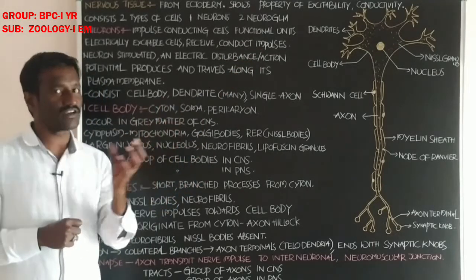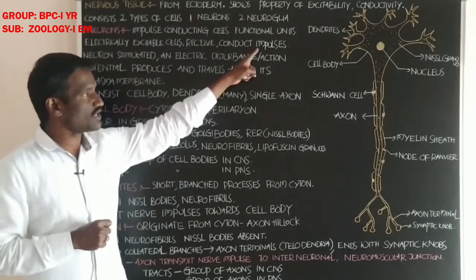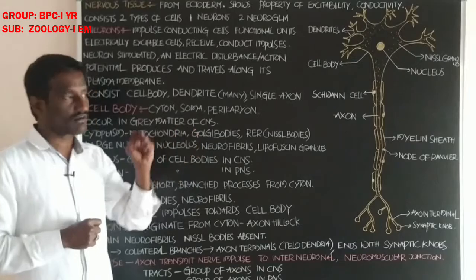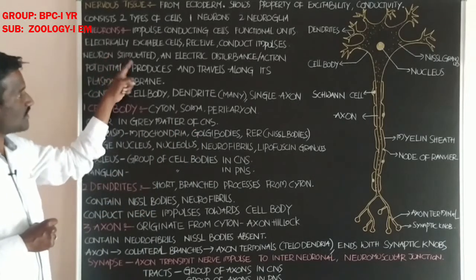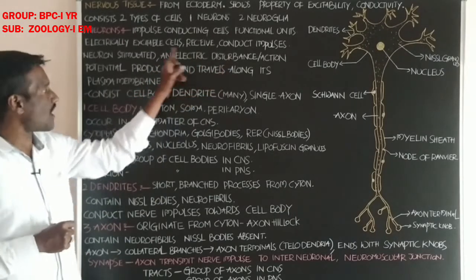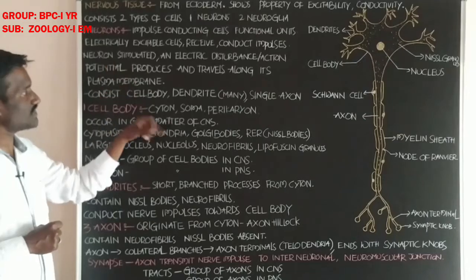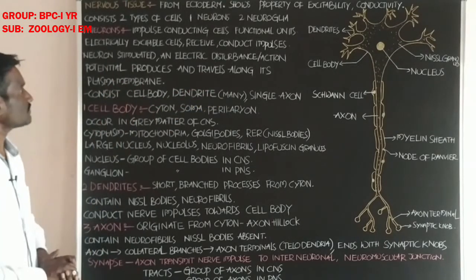Information is conducted throughout the length of the neuron in the form of an impulse. Receive impulse, conduct impulse. When the neuron is stimulated, at the same time an electric disturbance or action potential is produced and travels along its plasma membrane.